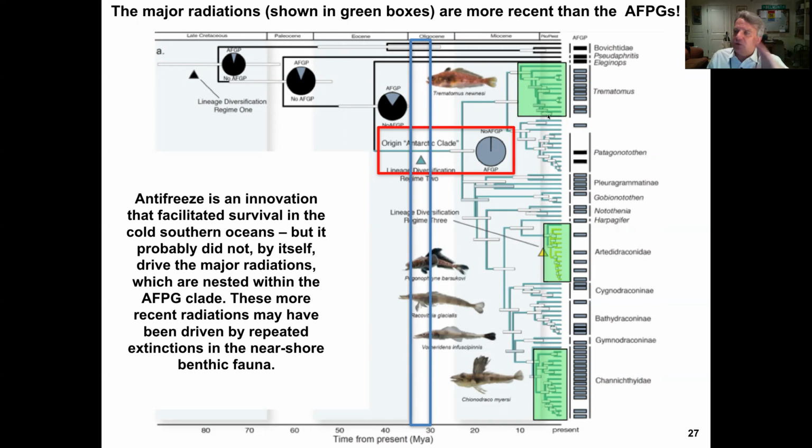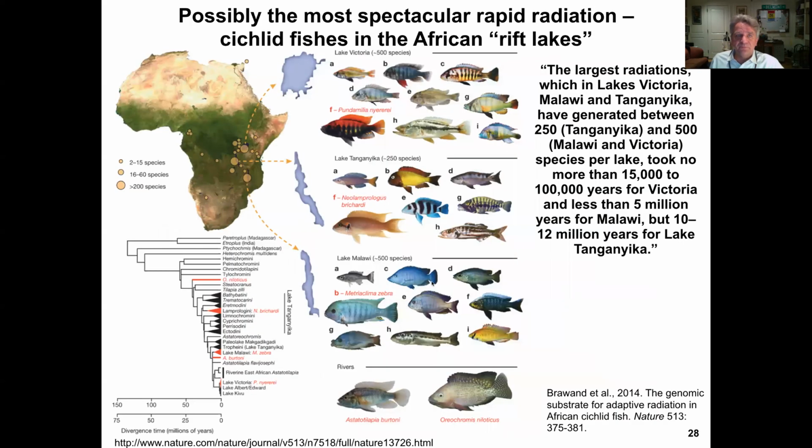So it seems that the antifreeze protein is an innovation that allows them just to live there, but the actual clearing of the niches of those other fish lineages is what was really important in the incredible species diversity that we find in the Antarctic notothenoids today. So in a sense, the notothenoids had a key opportunity to exploit those different habitats.